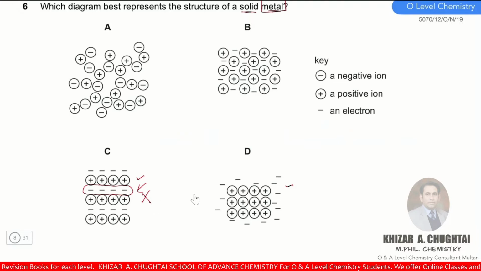That is the incorrect one. Here in C the free or delocalized electrons are surrounding the whole layer of static positive ions. So there are proper layers of static positive ions and proper distribution of the electrons. So D is the correct option.